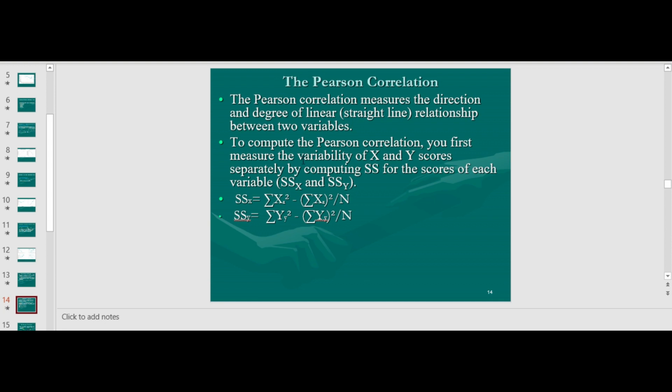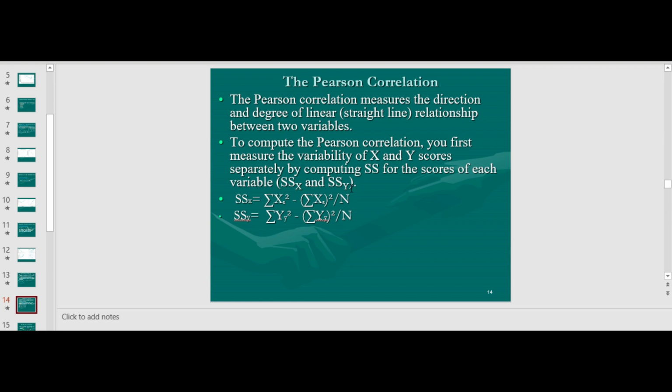Obviously, to compute the relationship, we must measure the variability of x and y scores separately, by computing the SS for the scores of each variable: SSX, the sum of squares of x, and the sum of squares of y.